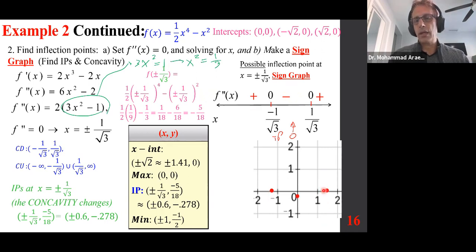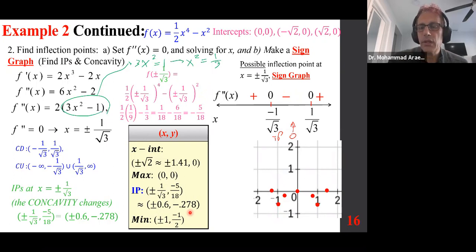This is 0, 0. And remember, since this is a max, in essence, you have an arrow that means it can't cross that. We put the IPs using this, negative 0.6, roughly negative 0.3. And then positive 0.6, negative 0.3. Okay, look at those IPs. Now minimum, minus 1, negative 1/2, plus 1, negative 1/2. So those are the pairs.